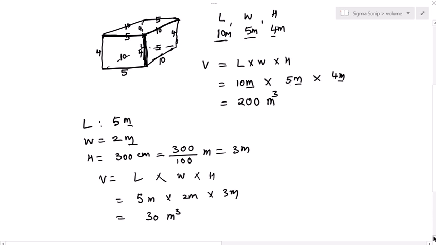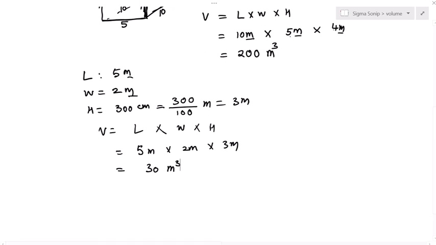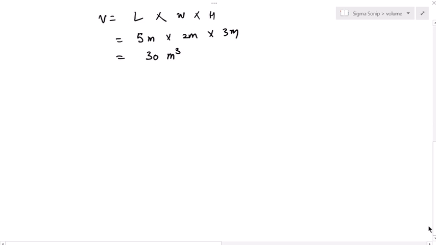Okay, so sometimes rectangular prisms could be a cube as well. If you have a rectangular prism in which length, width, and height are all the same, then it's a cube.